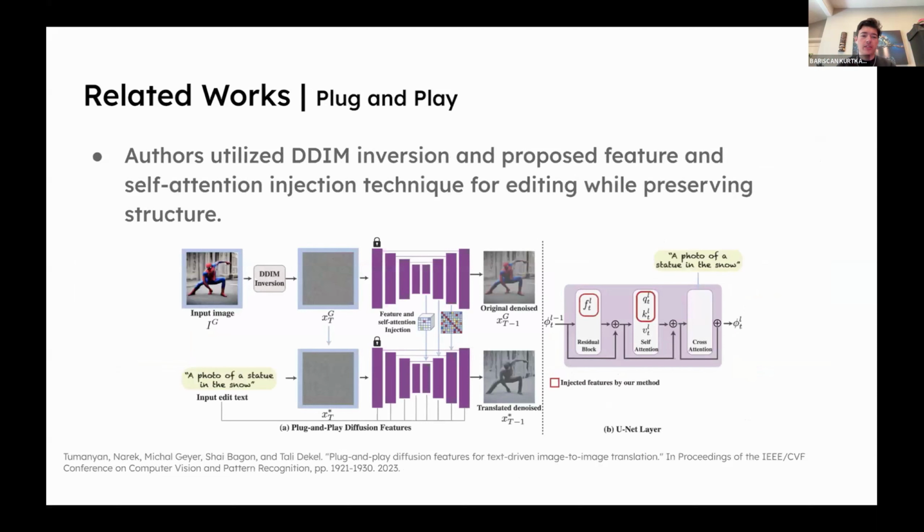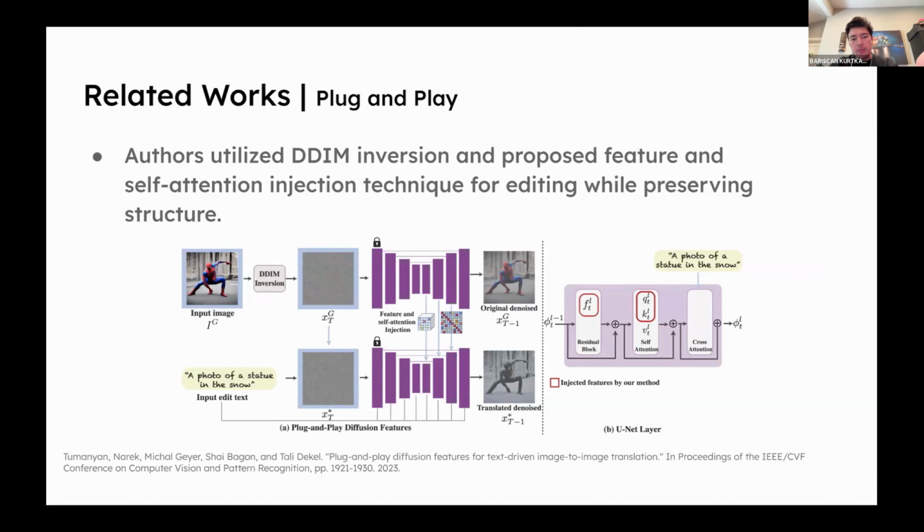Plug and Play is another paper that utilizes DDIM inversion, and they propose a feature and self-attention injection technique for editing while preserving the structure. As you can see on the bottom left, we have an input prompt which says a photo of a statue in the snow.